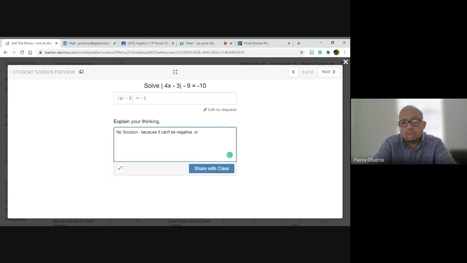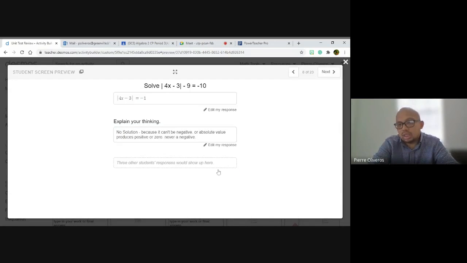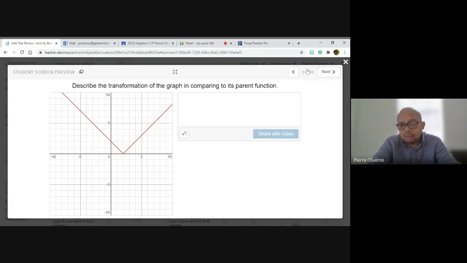Or, absolute value produces positive or 0, but never a negative. Okay, so that's fine. You can share with the class, and then some responses will show up from your classmates, and you can edit your response. So you can see what your classmates are doing.